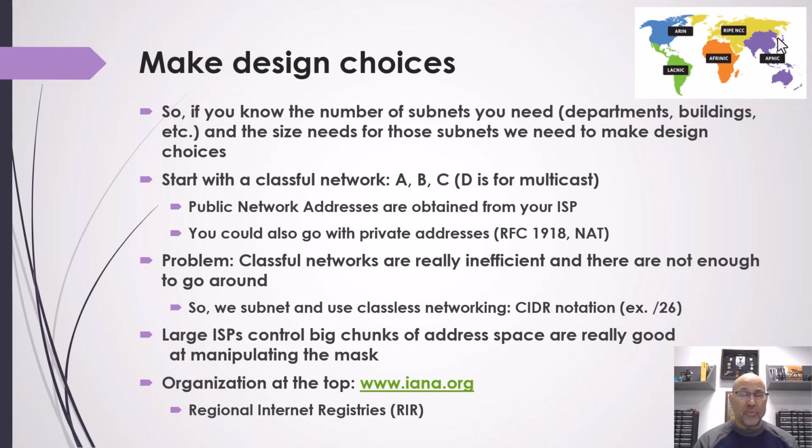The graphic above me is the regional internet registries. I'm in North America, so that would be ARIN. I would say, well, IANA, I need a class of address, and then my RIR would have control of a certain chunk of the internet address space, and that would be doled out that way.